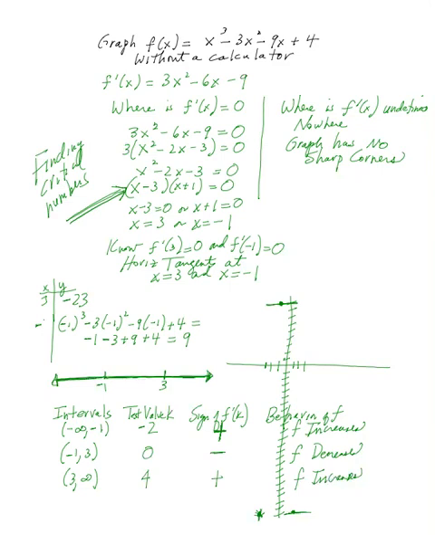So, I know that on the interval negative infinity to negative 1, so from here to here, the function is increasing. I know between negative 1 and 3, so from here to here, the function decreases.